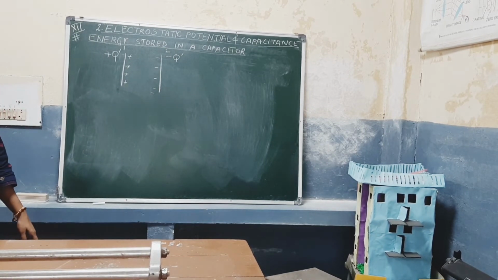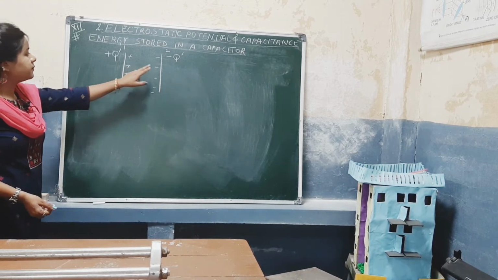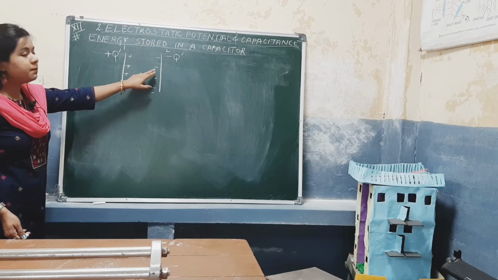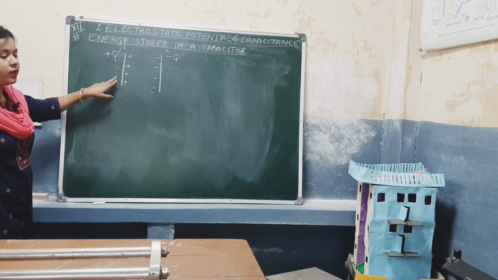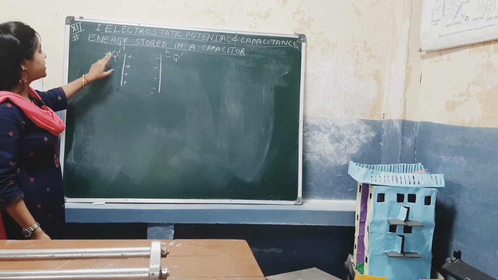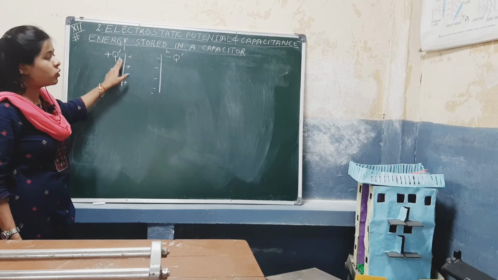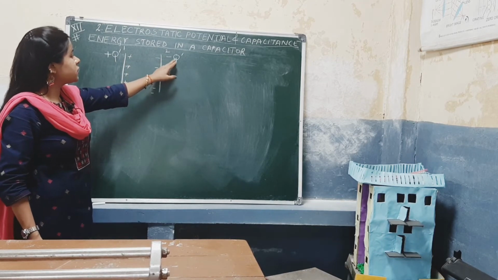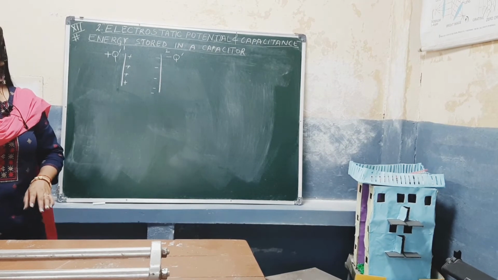Fine. Now suppose plate 2 is still transferring charges to plate 1, but at a particular instant we have found that plus Q dash is present on the positive plate and minus Q dash on the negative plate, and the process is still going on.